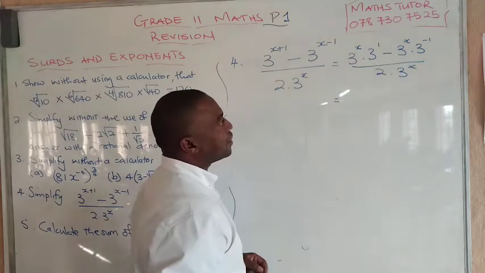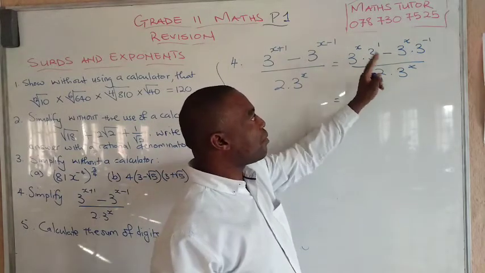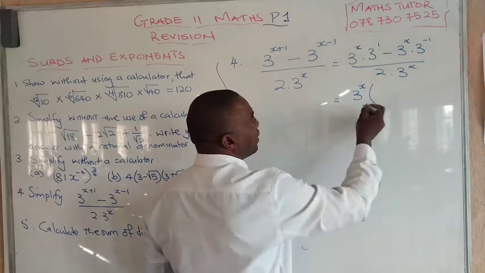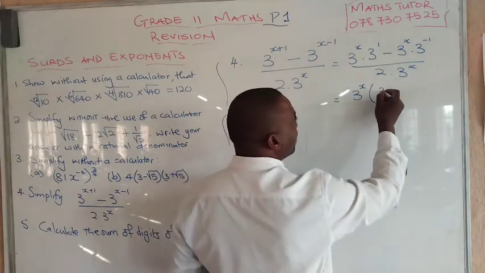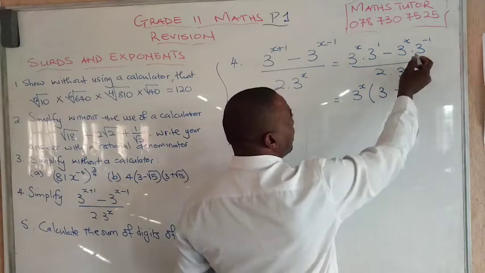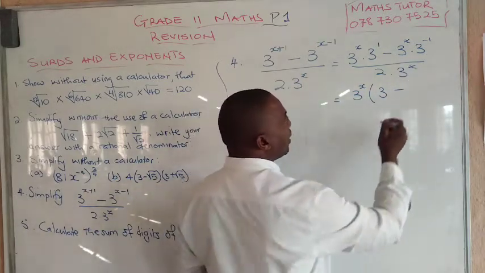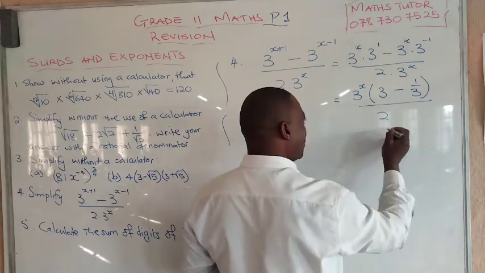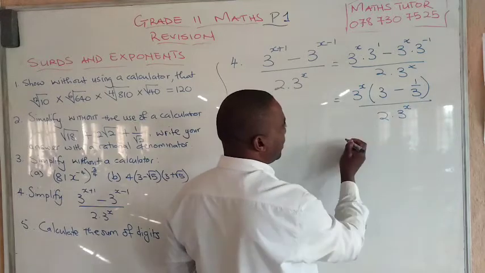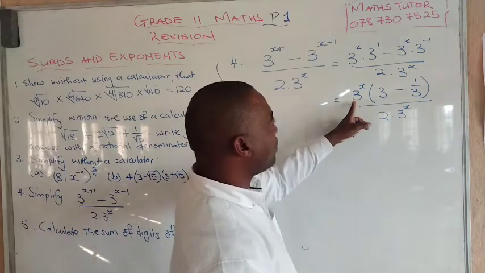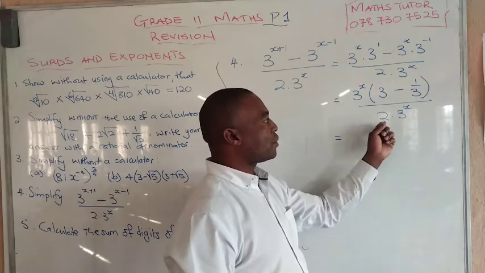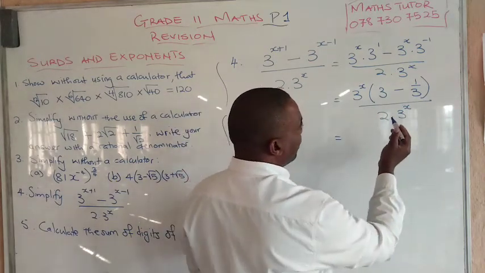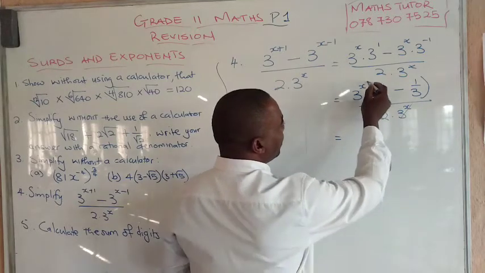So we can see that on the numerator, 3 to the power x is common, so we can factor out 3 to the power x. Then we remain with 3 to the power 1, which is just 3, minus 3 to the power negative 1, which is 1 over 3, divided by 2 times 3 to the power x. That means we can divide by 3 to the power x.